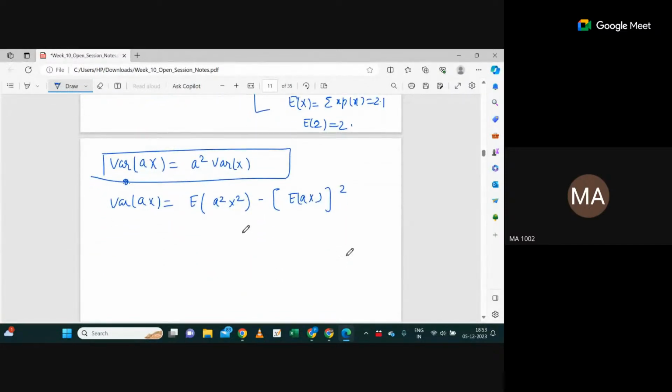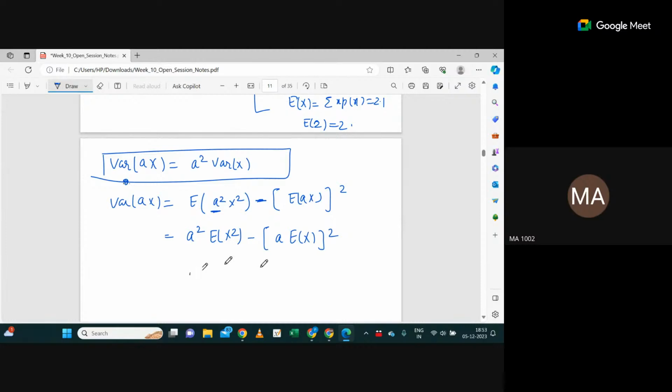Now, since a is a constant, I can take a square outside the expected value of x square, right? And in the second term I can take a outside, so it will be a square times the expectation of x whole square.